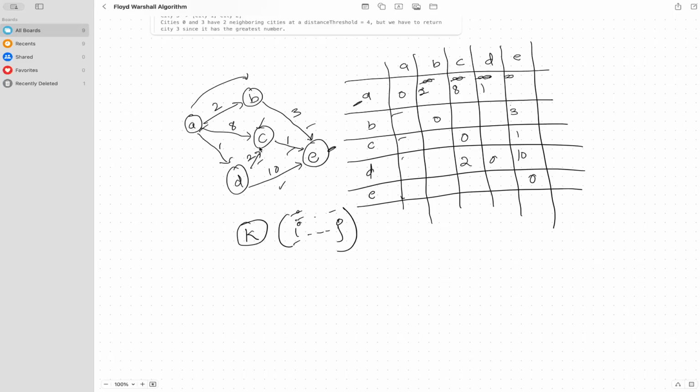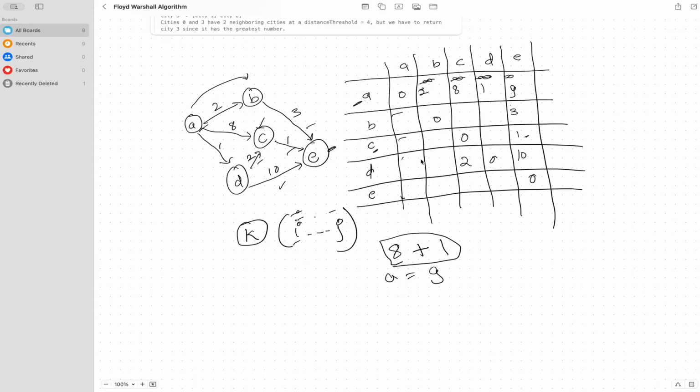A to C is 8. Yes, so we have an answer. Plus, can I go C to E? So I will check C to E. Yes, I do have an answer, which is 1. So A to E, I can go with this answer, which is 9. Now 9 is shorter than what we currently have in this box. So I will simply replace it with 9.